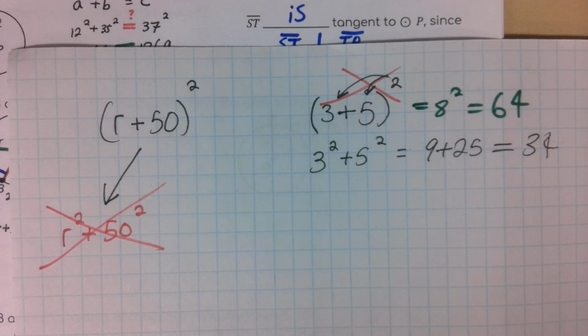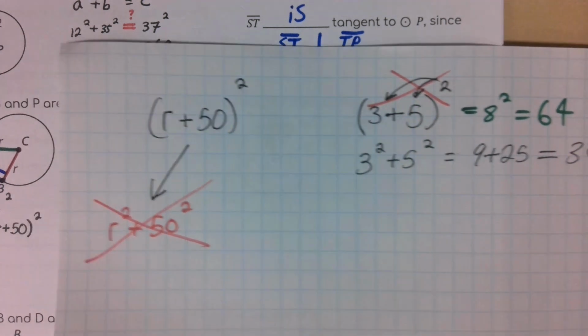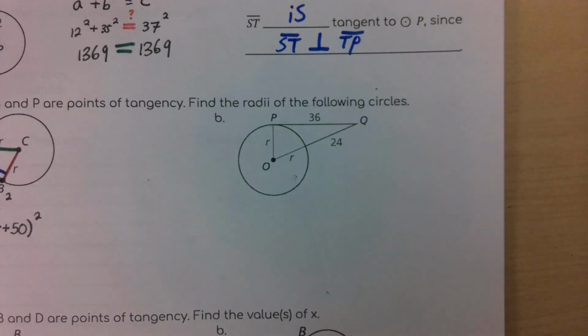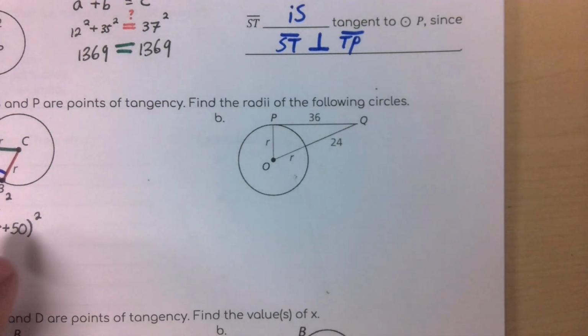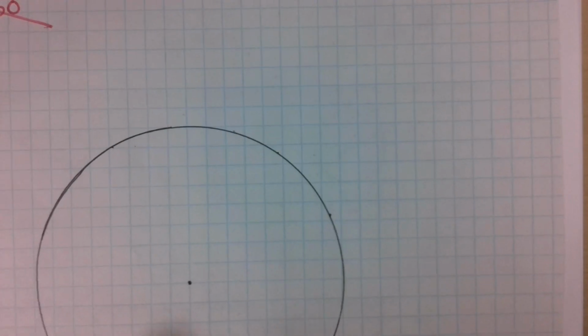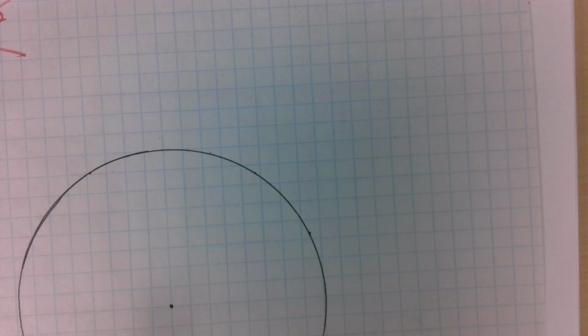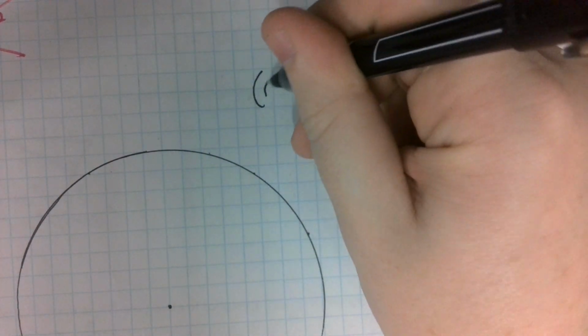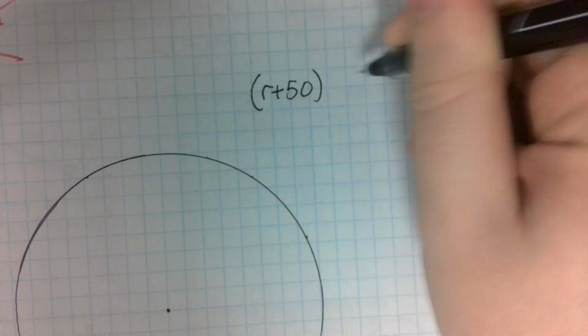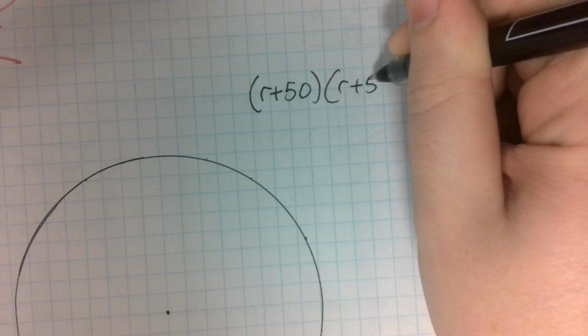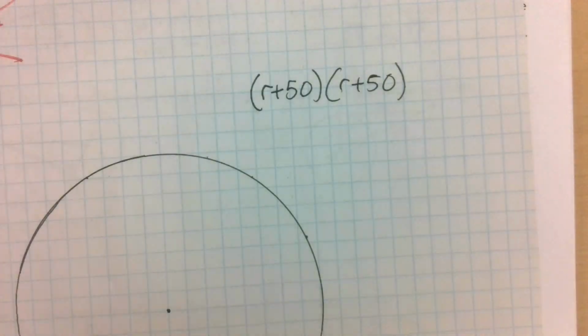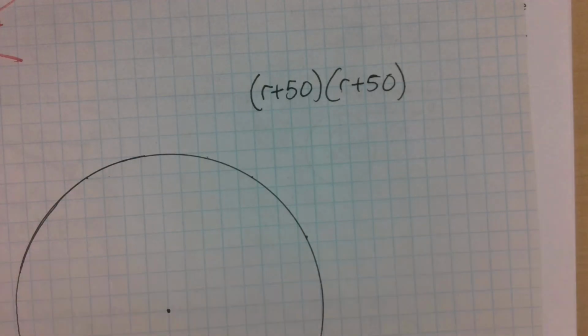So what can we do instead? Well, this is going to require us to have some knowledge about what (r plus 50) squared really means. (r plus 50) squared is just two copies of r plus 50 being multiplied together. (r plus 50) times (r plus 50) is (r plus 50) squared.